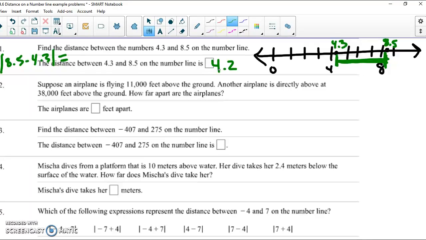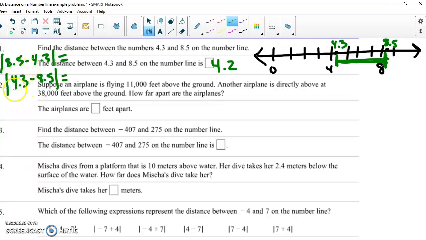But I want to also show you that because I'm using the absolute value bars, I could also rewrite this problem as 4 and 3/10 minus 8 and 5/10, because when I put it inside of my absolute value bars, it doesn't matter that I end up with a negative answer, because my absolute value bars are then going to turn it positive.